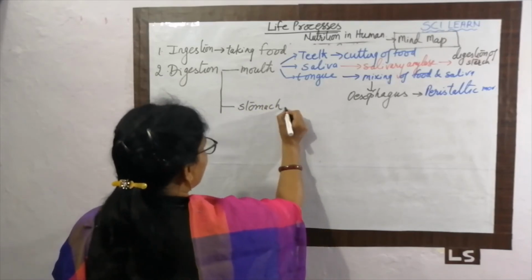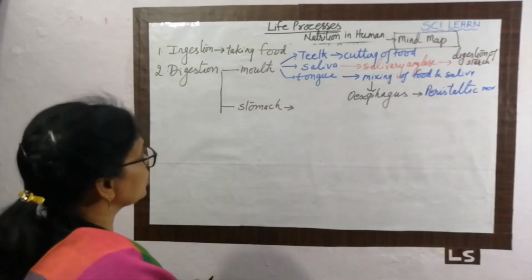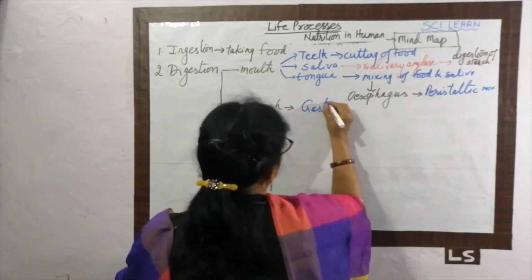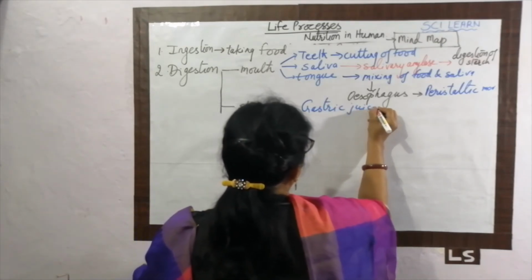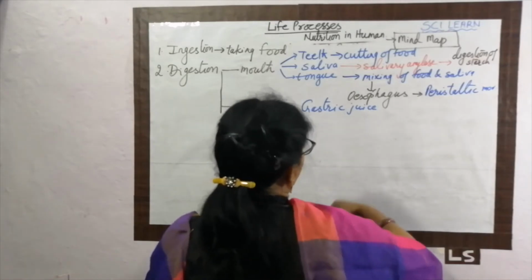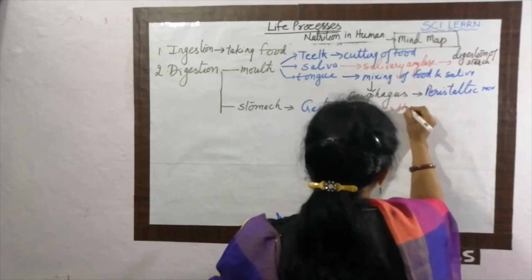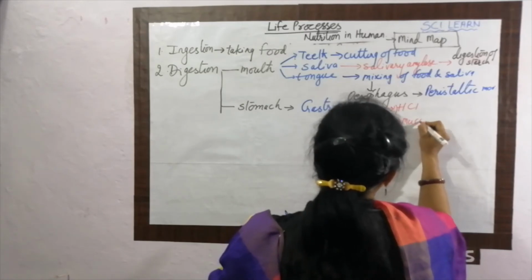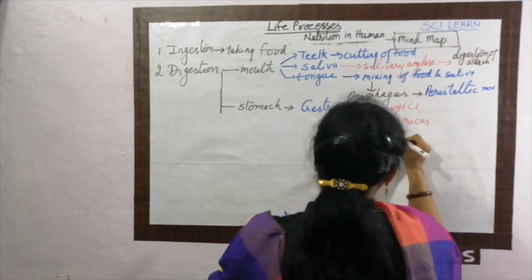The stomach contains gastric juice from the gastric gland. Gastric juice contains 3 substances: HCl, mucus, and pepsin.